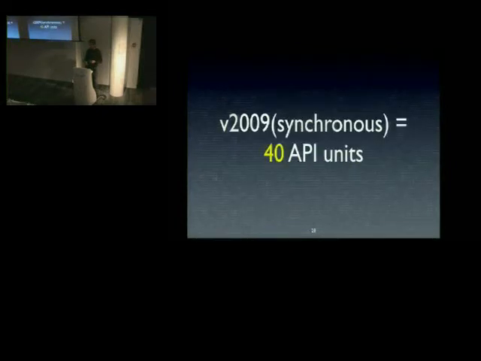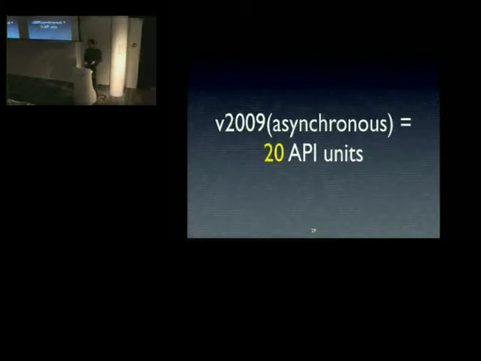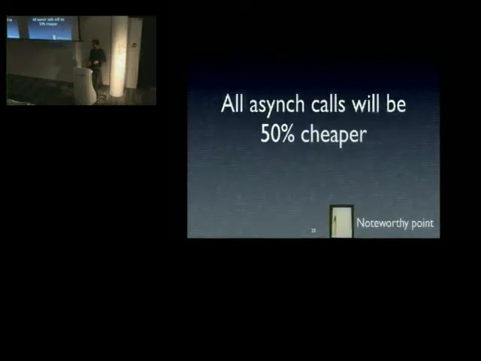So the synchronous ad operation, so to create an ad in a synchronous manner, is 20% cheaper than in V13. It's 40 API units. What we'll do with the asynchronous operation, so if you're creating an ad using the bulk mutate job service in an asynchronous manner, it's going to be 20 API units. So essentially, all async calls are going to be 50% cheaper.